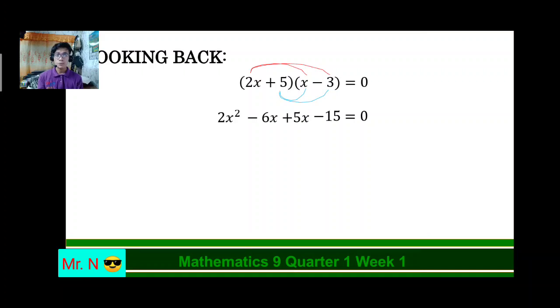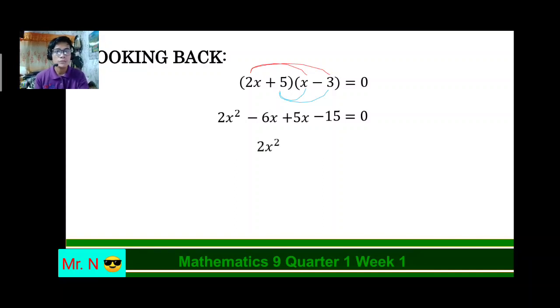And which of the two has the greater absolute value? The absolute value of negative 6 is 6, and the absolute value of 5 is 5. And we all know 6 is greater than 5. So we will copy the sign beside 6.